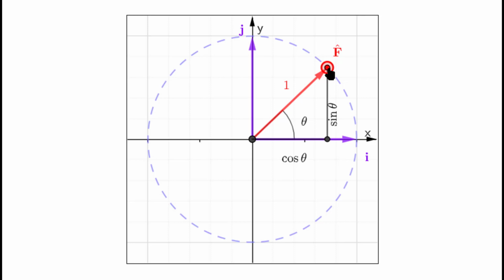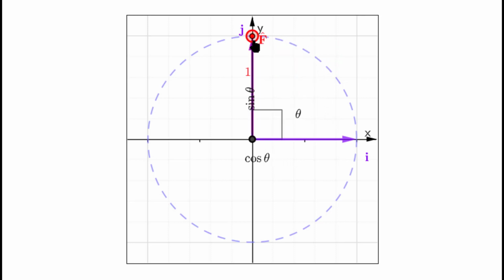If we move it entirely in the direction of, say, y, the value of the unit vector, represented by f with a hat, is equal to the unit vector j, because it's entirely in the y-axis. Same thing is true if we move it entirely on the x-axis, so it's 1.